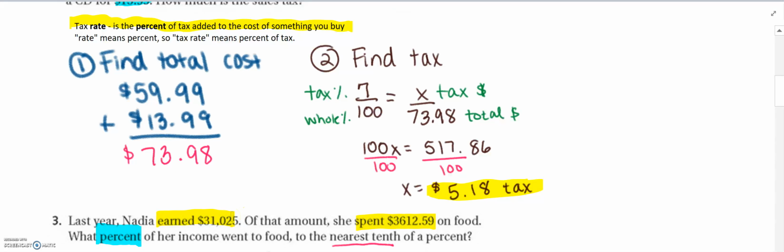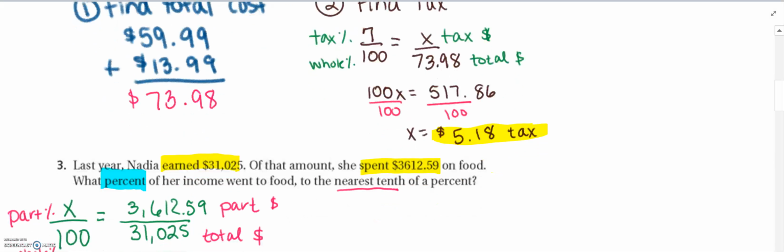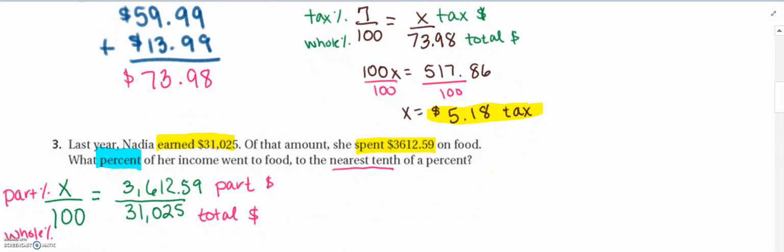So the first thing I notice here is that I'm looking for my percent. So I know that my x goes over 100. And then I have to figure out which one of these numbers highlighted in yellow is my total. So let's look at that. Last year, Nadia earned a total of $31,025. So that goes in the denominator because that's the total amount.